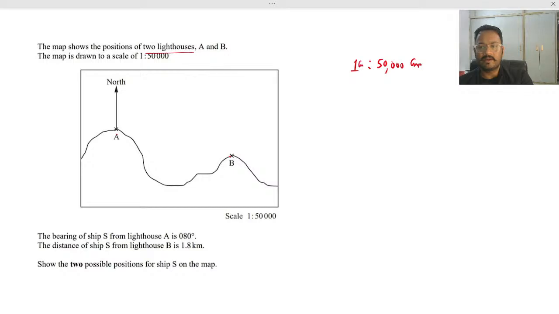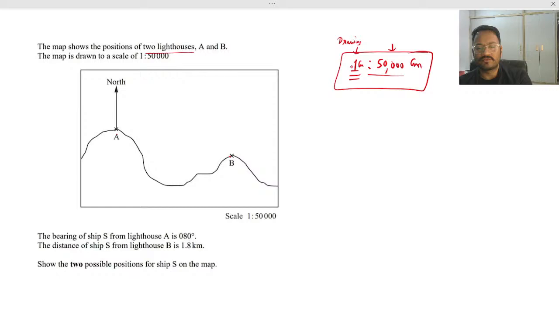Okay, this is on the drawing. So what does this mean? This scaling means if it is 50,000 centimeter in real life, on the drawing it should be 1 centimeter. So this is on the drawing, it is 1 centimeter, and in real life it is 50,000.